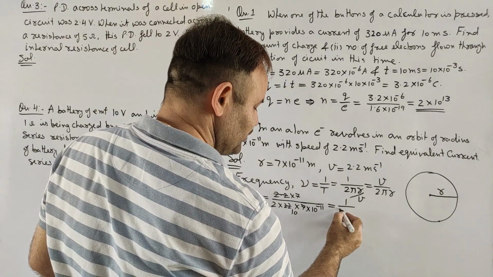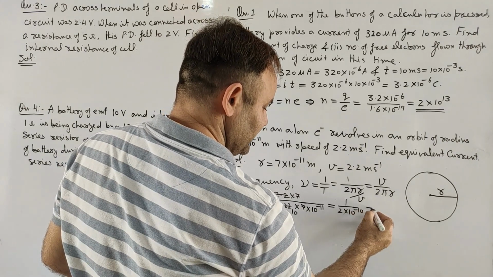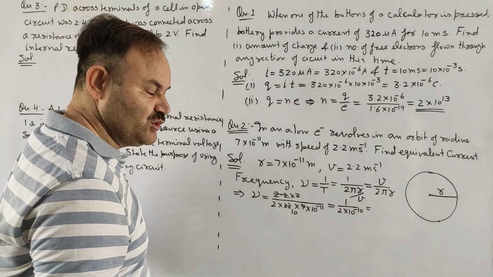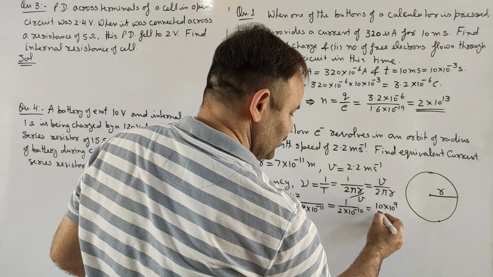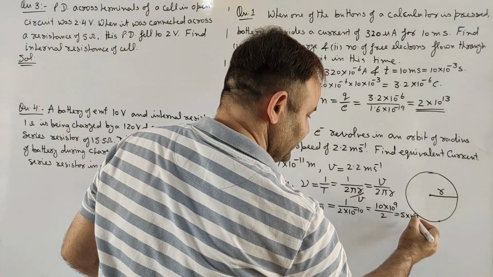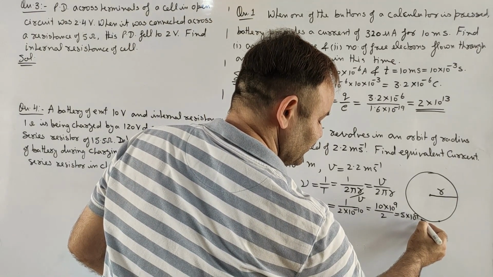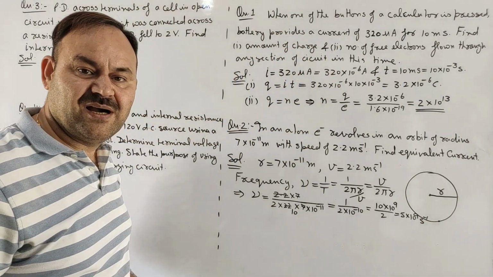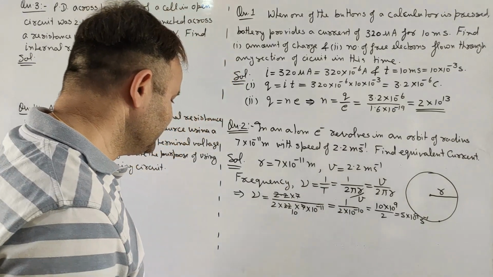So 1 upon 2 into 10 to the power minus 10. If it is taken to the numerator, it becomes 10 to the power 10 upon 2, which can be written as 10 into 10 to the power 9 upon 2. It means 5 into 10 to the power 9 will be the frequency of revolution, and its unit is per second or hertz.